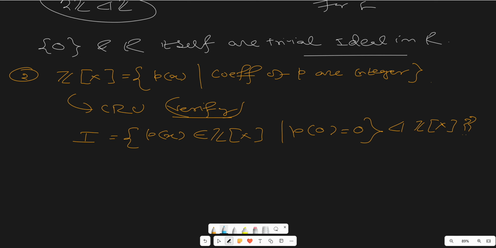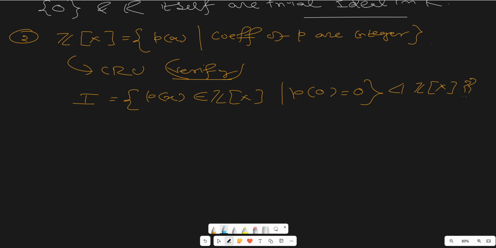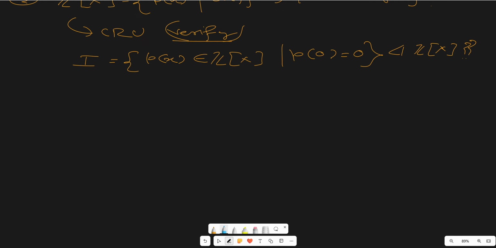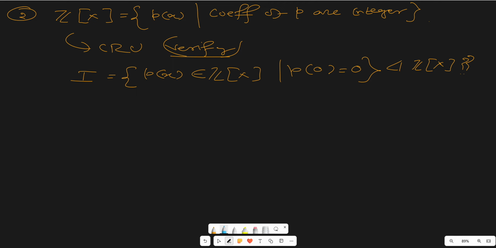Is it an ideal? For an ideal, you just verify with the definition, that's it. I think it is very easy to verify whether this is going to be an ideal or not. Let me do this example very formally.